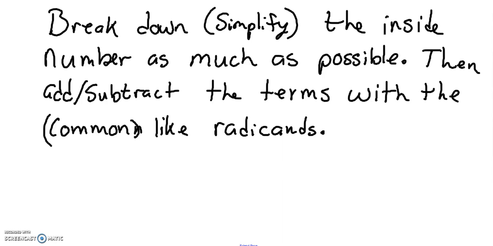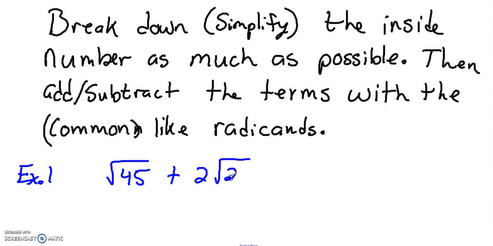Okay, so here's first a few examples that we'll look at. Let's give you square root of 45 plus 2 square root of 20 plus square root of 810.